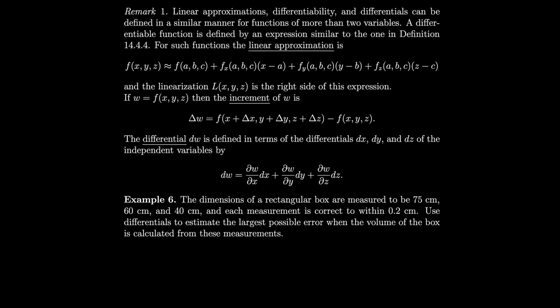You could call it w if you want. So if w equals f of x, y, z, then the change in w is your new w value minus your original w value, and your differential is defined pretty much the same way, also in terms of partial derivatives and the independent variable differentials.